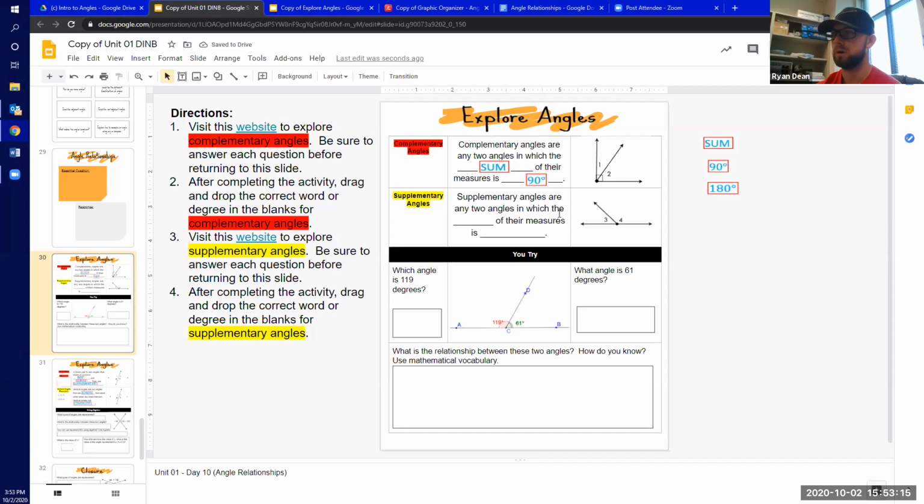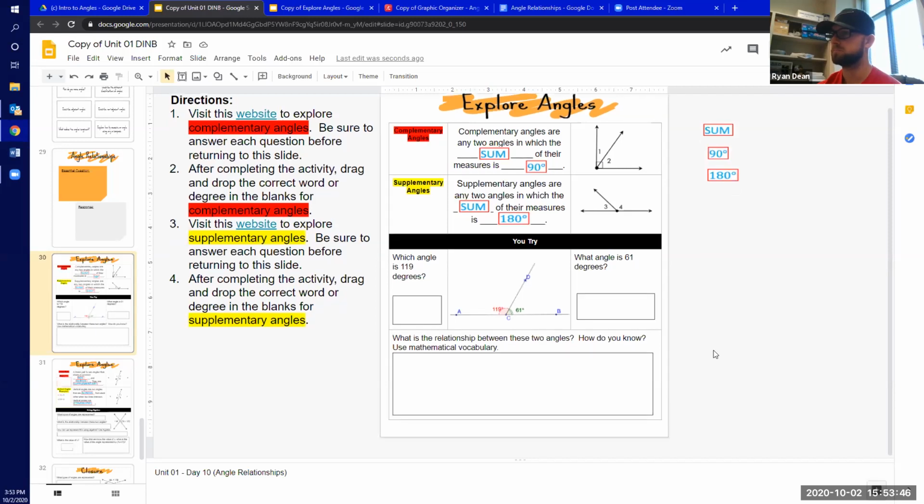Supplementary angles, again, are any two angles, adjacent or non-adjacent, in which the sum is 180 degrees. So complementary angles make the right angle, 90 degrees, and supplementary angles, when you add up the two angles, make 180 degrees, or a straight line. So supplementary, straight line; complementary, 90 degrees.